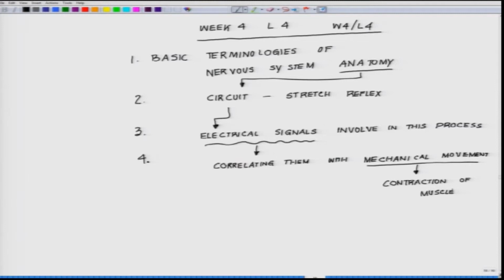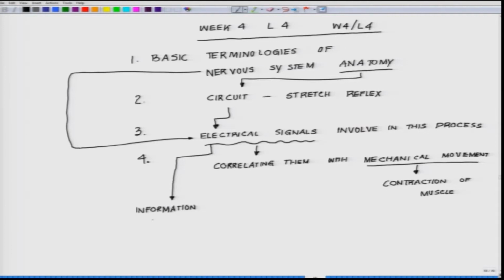Apart from it, we will talk about these electrical signals in a totally different context, which is of course nothing to do with stretch reflex, which will be information processing.